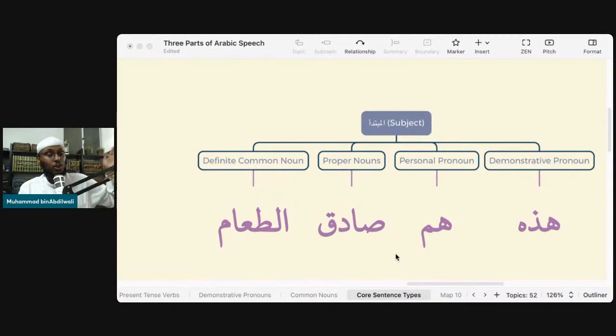هي صادقة, she's truthful. My dear brothers and sisters, the combinations are too much. And we're just getting started. These are, barakallahu feekum, the 4 core sentences.